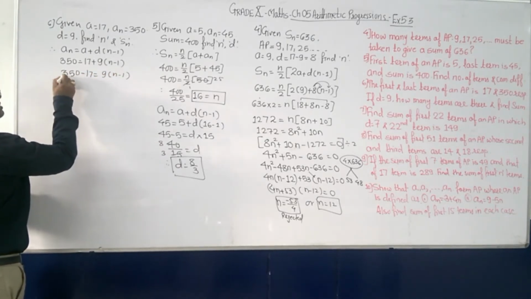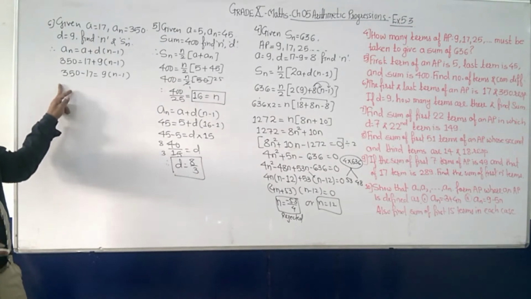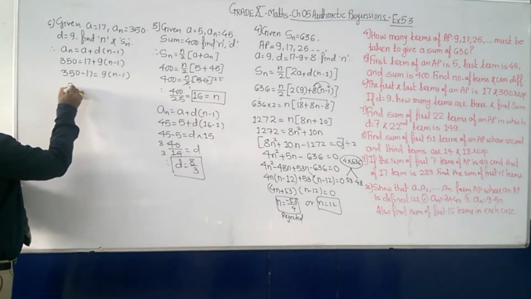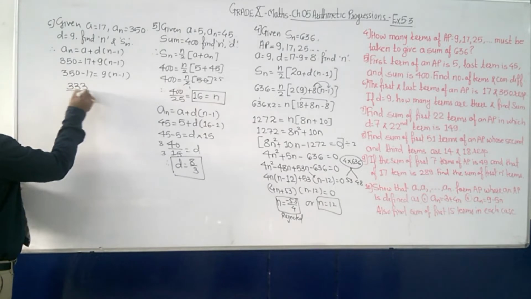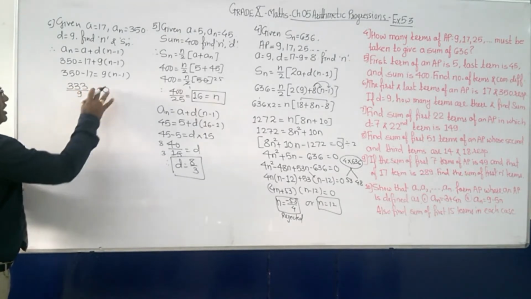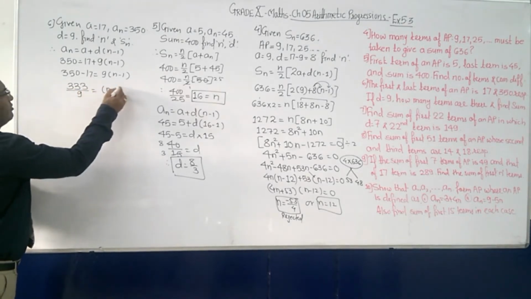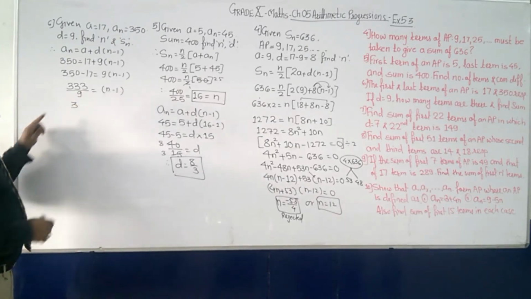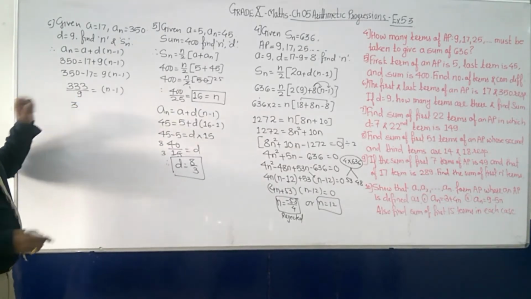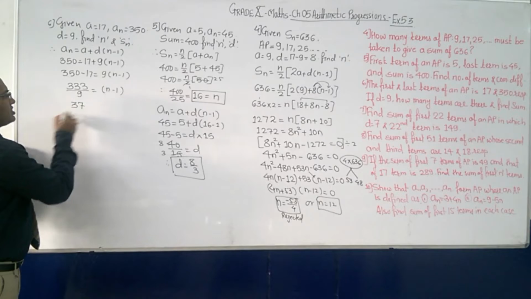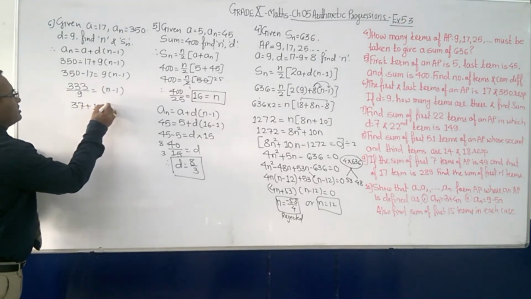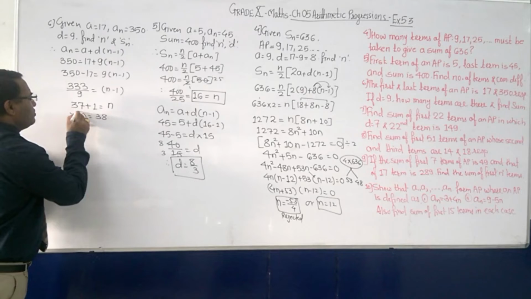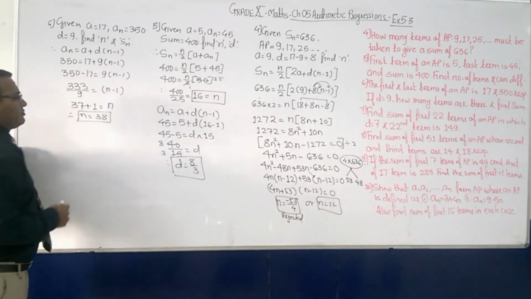So 350 minus 17 is 333. 333 divided by 9 is equal to n minus 1. Now what will it come? 9 37s are 333, and then plus 1 is equal to n. Therefore, in this way you will get n is equal to 38.